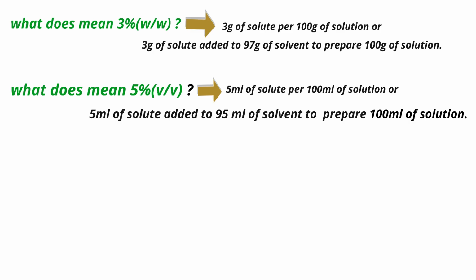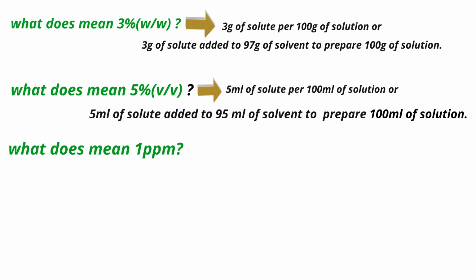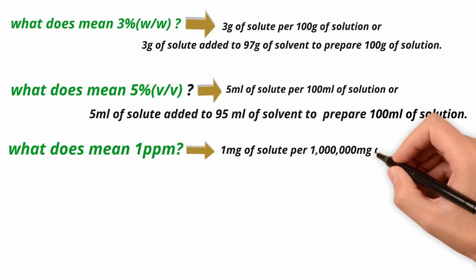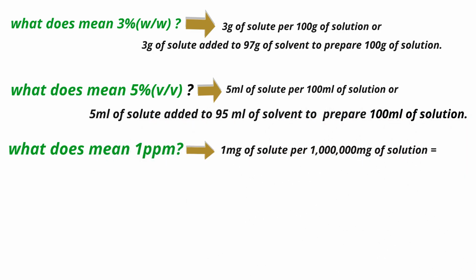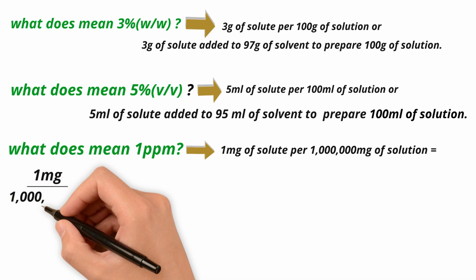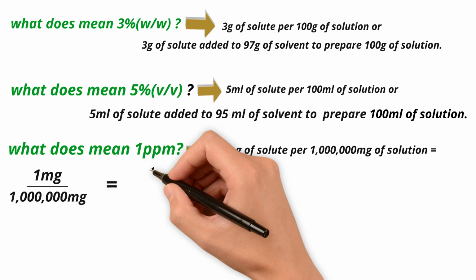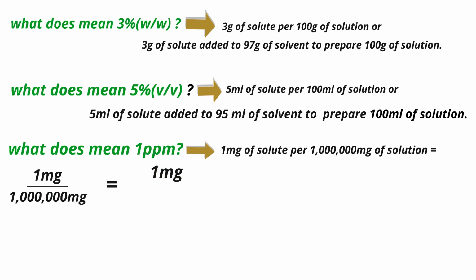What does 1 part per million mean? 1 part per million means 1 milligram of solute per 1 million milligram of solution. 1 milligram upon 1 million milligram is equal to 1 milligram upon 1 liter.